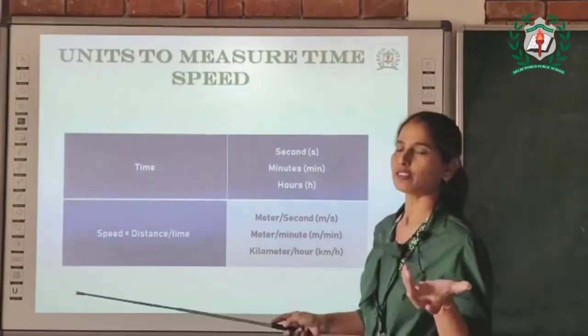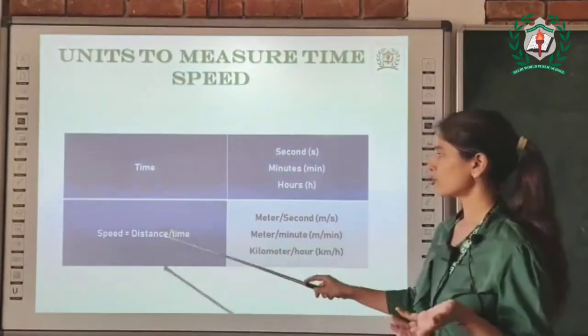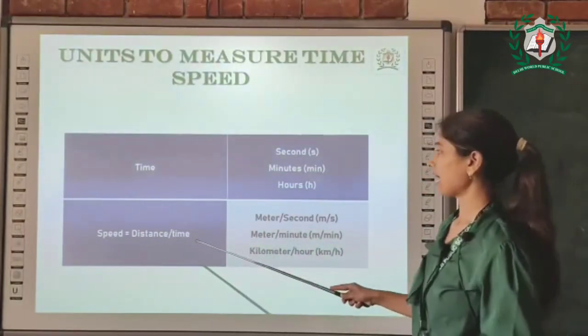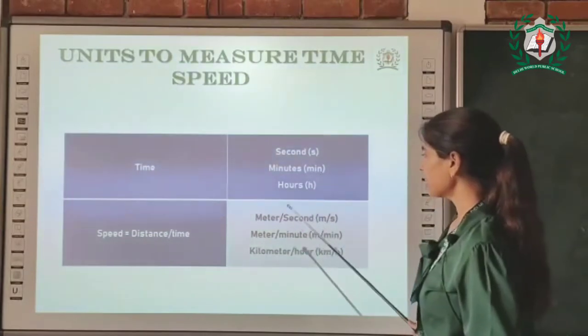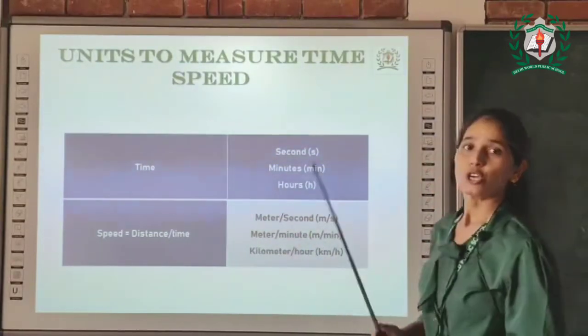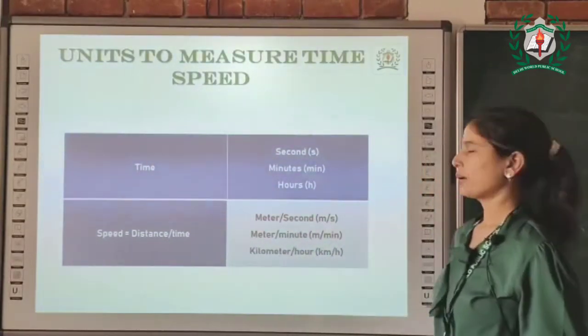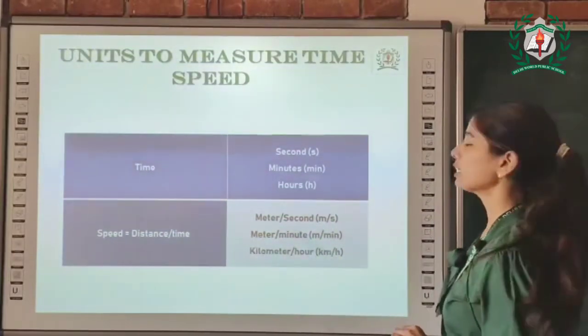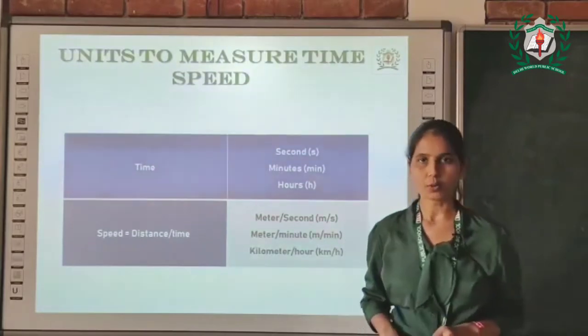We know that the formula of speed is distance upon time. Distance can be measured in meter, kilometer. Time can be measured in second, minute and hours. So speed can be measured using meter per second, meter per minute or kilometer per hour.